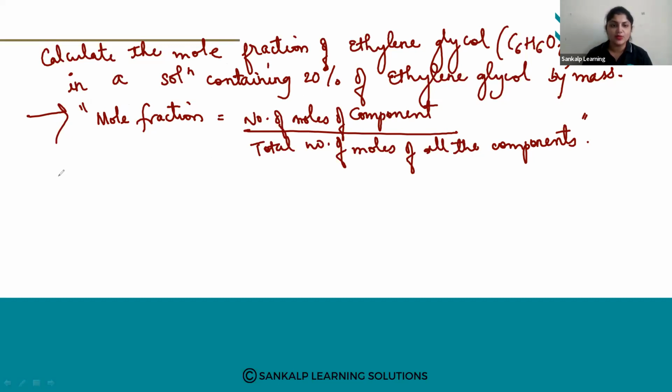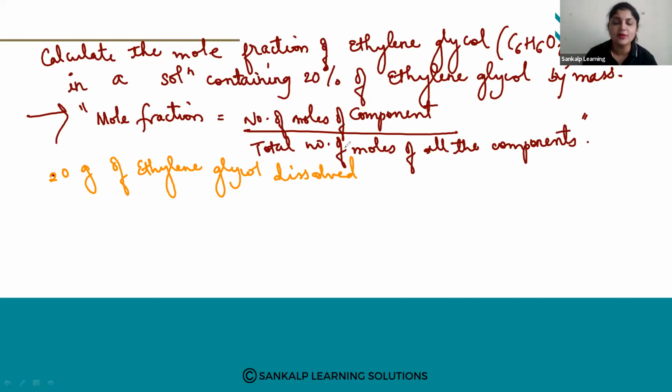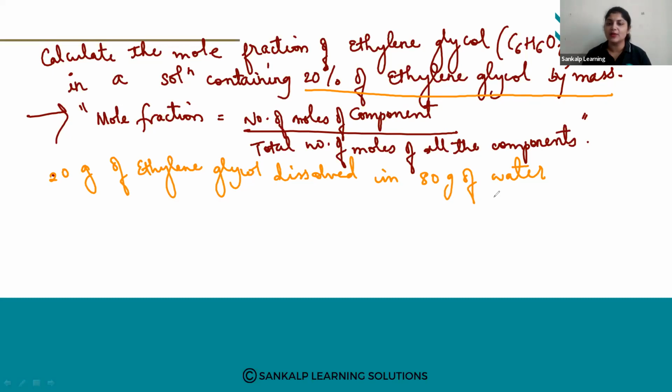What do you mean by that? 20% of ethylene glycol by mass means 20 grams of ethylene glycol dissolved in 80 grams of water.